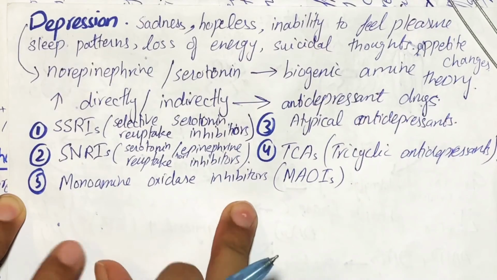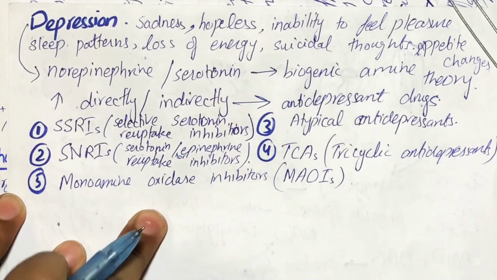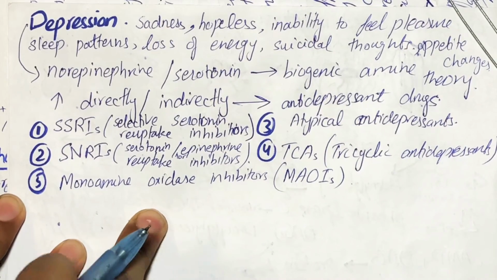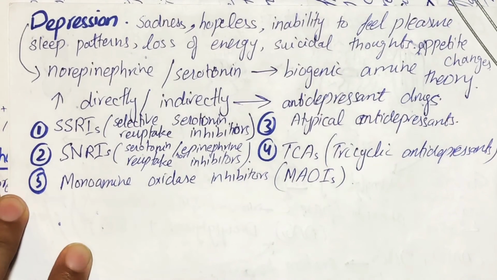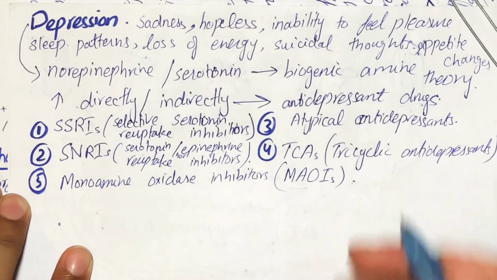So they inhibit the enzyme present for the degradation of serotonin or norepinephrine. So in this way they will increase the concentration of these neurotransmitters for the cellular responses.